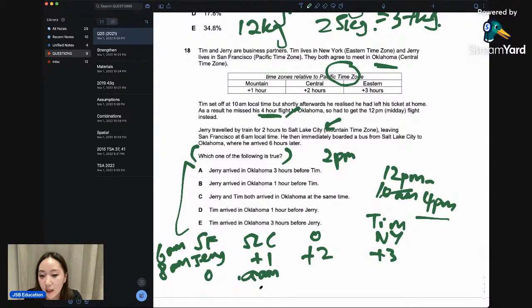So 9 a.m. here, because it's 8 a.m. arrival San Francisco time. So in Salt Lake City, that would have been 9 a.m. And then he's taking the bus. So 10, 11, 12, 1, 2. This doesn't feel right, actually. I must have gone wrong somewhere.